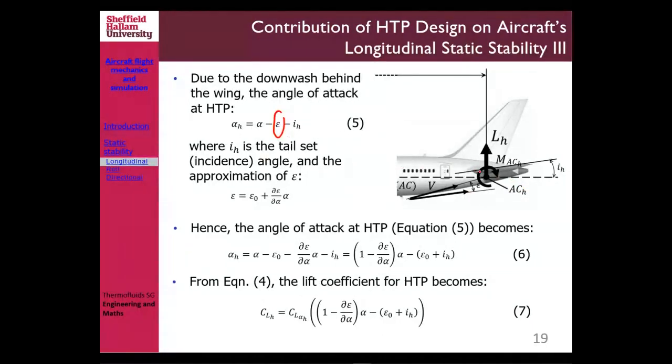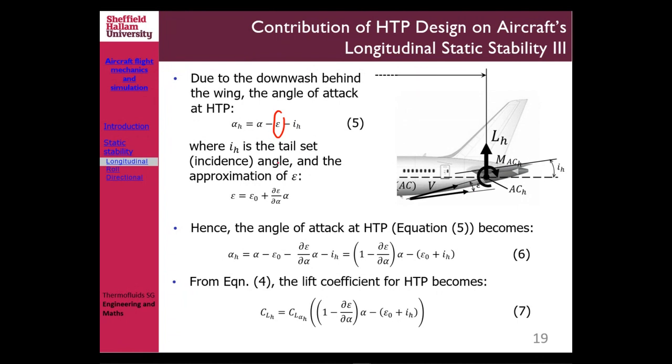And then IH is your incident angle, where your tail is set in the beginning, the angle between the mean chord line of your horizontal tail and the fuselage datum line. That is the incident angle.